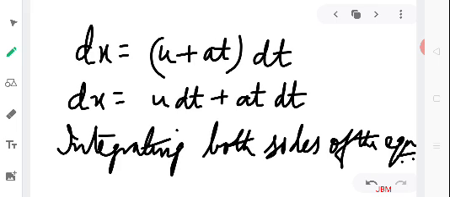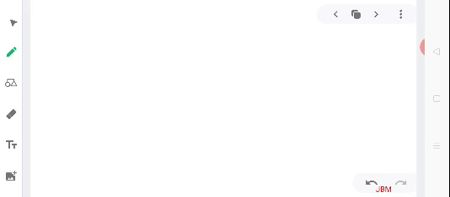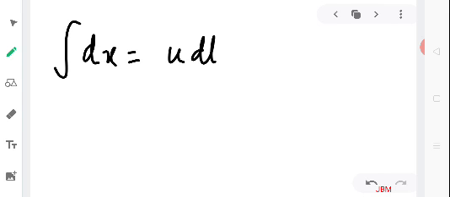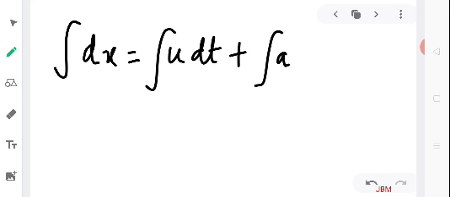We can put the initial position of x as x0. For time it is 0. For final value of time it is obviously t. So let us put the integral sign and write down integral dx equal to integral u dt, plus integral a t dt. This is how the integral is going to turn out.